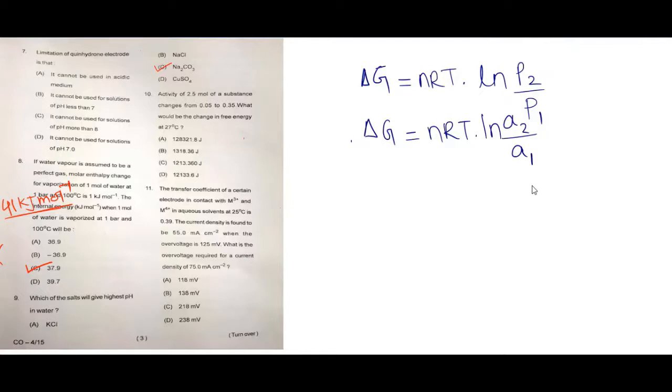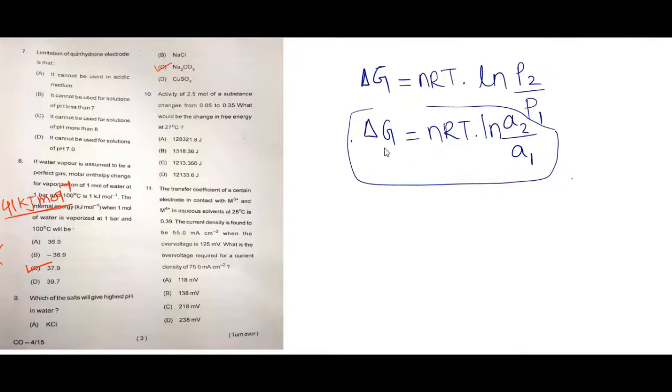In case of solutions, we use activity, and for real gases we use the term fugacity. So instead of pressure P2, I used here A2, activity. Just replace the P2 term with A2 and P1 with A1. That's all you need to replace. This is the formula; there is no other formula to relate free energy to activity.